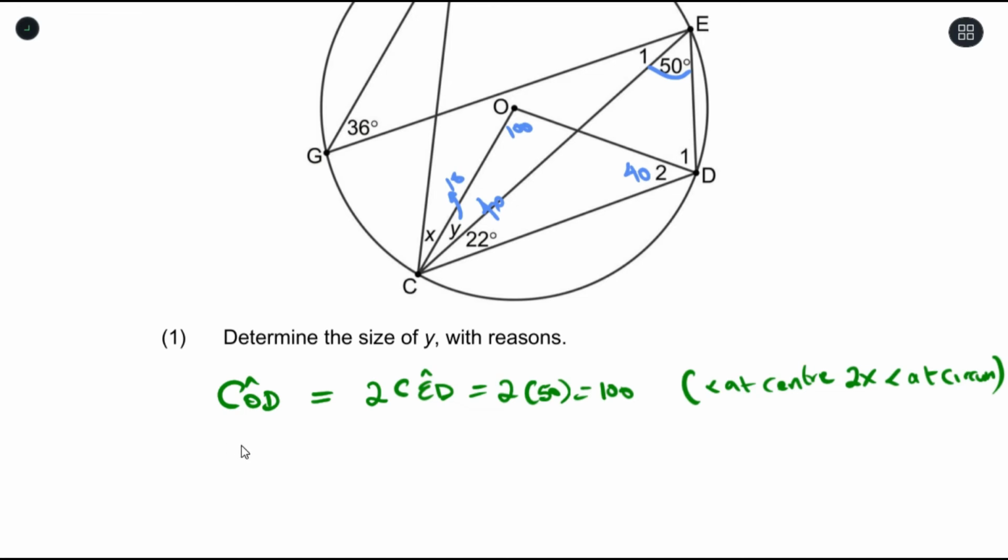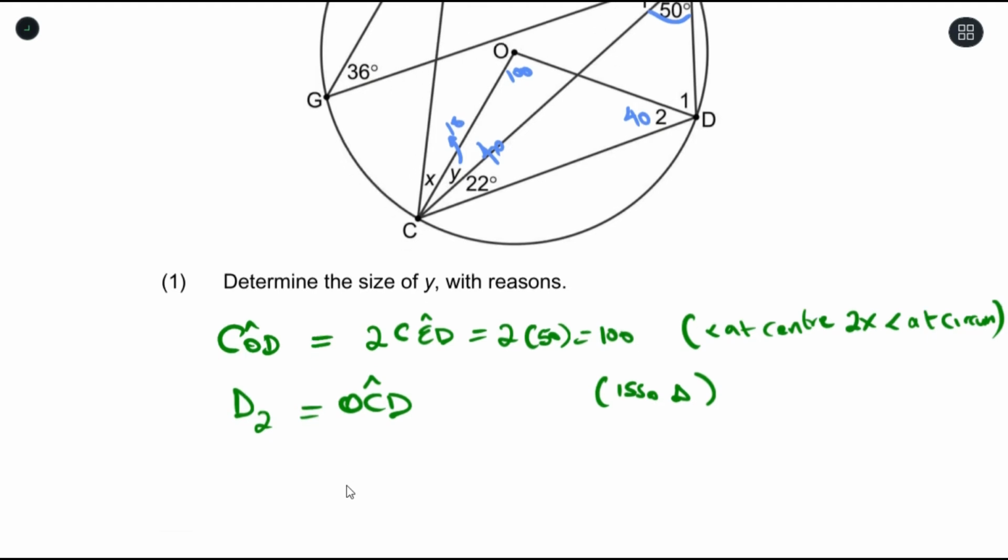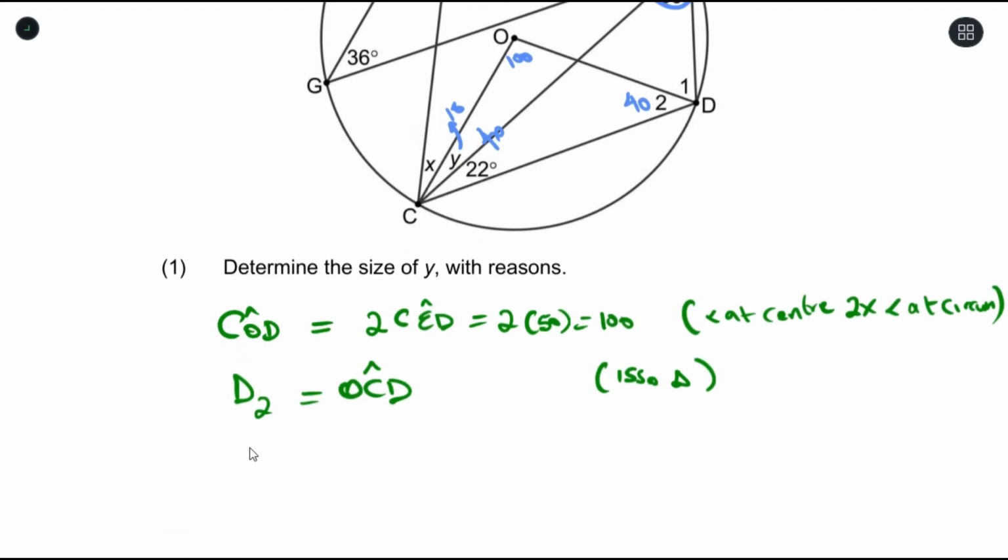Okay, so the next statement I'm going to make is OD is equals to OC, and the reason for that is an isosceles triangle. Okay, because they both have the same radius, and I can now say that OCD is equals to 40 degrees, and the reason for that is sum of angles in a triangle.